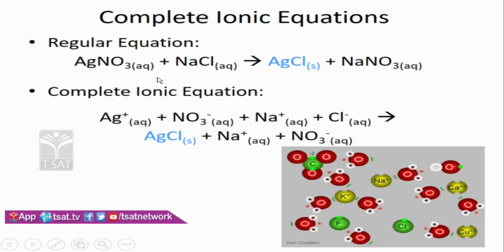So, how do we identify which part will be added to the other? For example, let us consider a double decomposition reaction. According to our earlier discussion, silver may combine with sodium as one molecule and nitrate with chlorine as another molecule. Will it happen during the reaction?